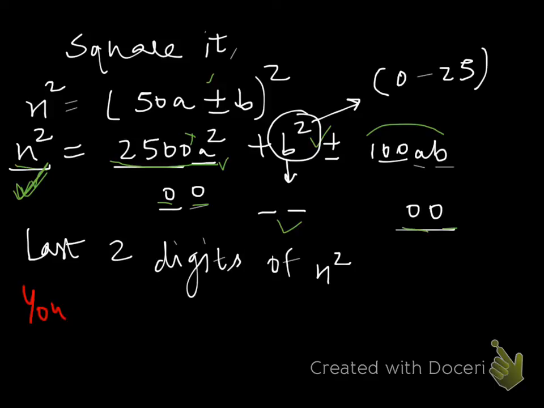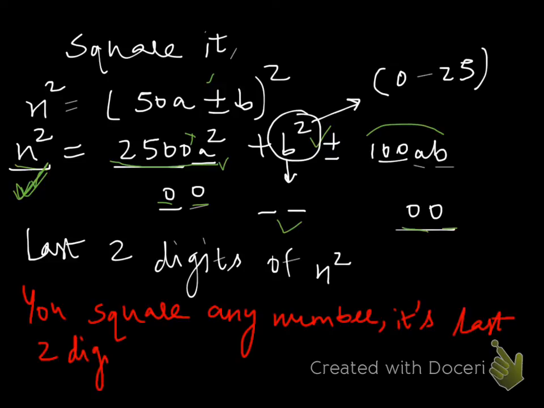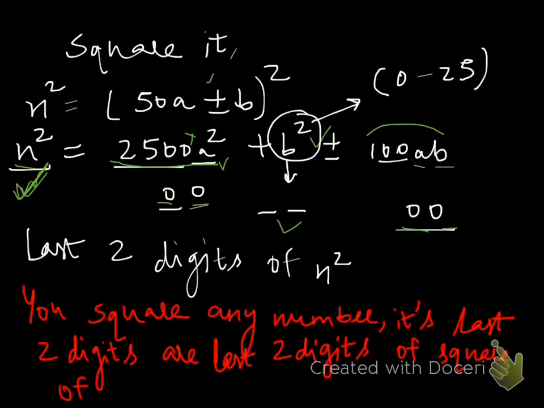So we have proved that whenever we square any number, its last two digits are the last two digits of the square of a number between 0 and 25. Any number in this world, its square is governed by squares of numbers between 0 and 25.